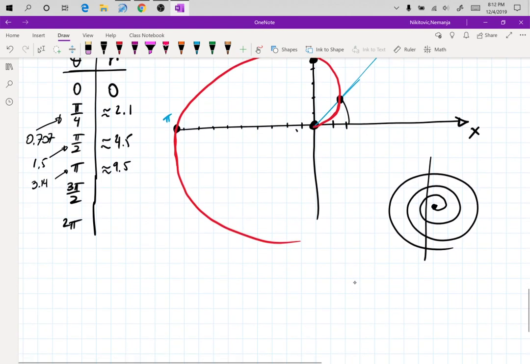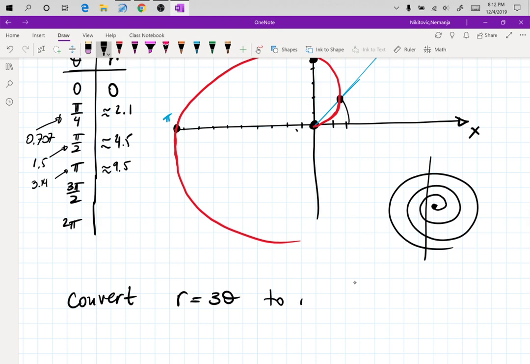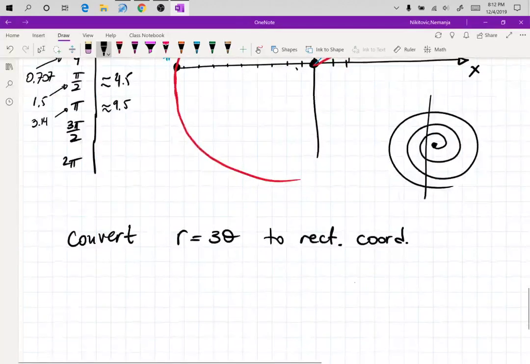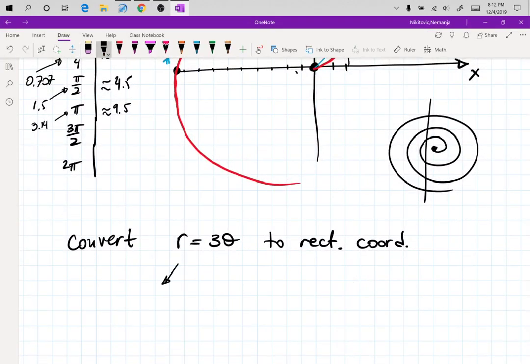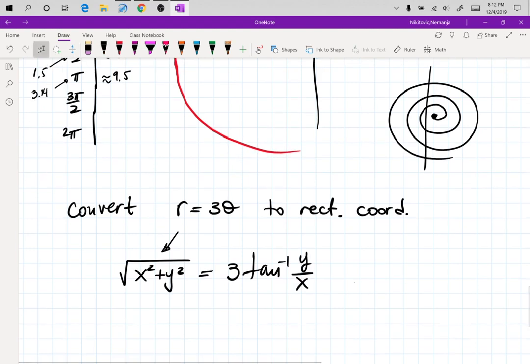So let's just convert real quick r equals 3 theta to rectangular coordinates just to prove the point. r is replaced by the square root of x squared plus y squared, equals 3 times inverse tangent of y over x. There's your conversion.